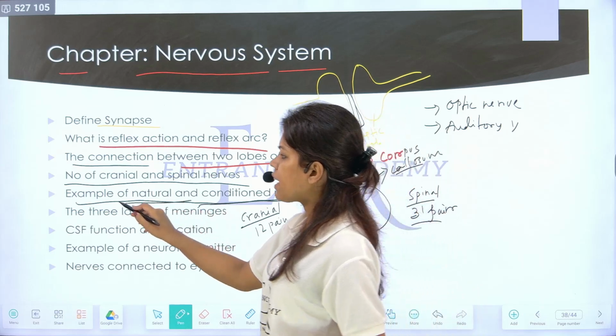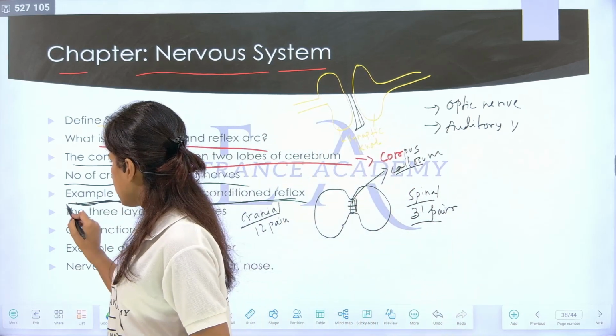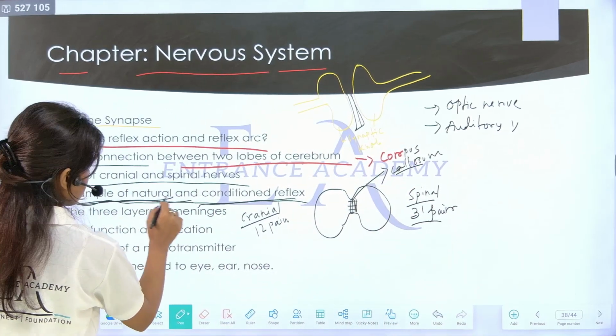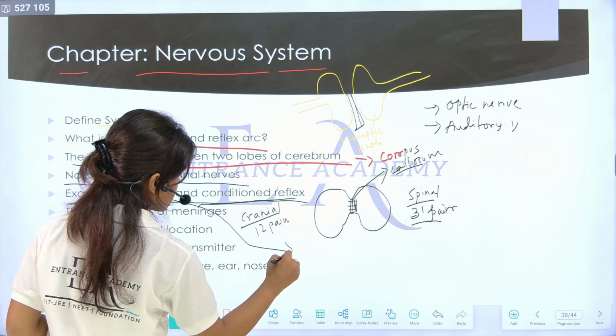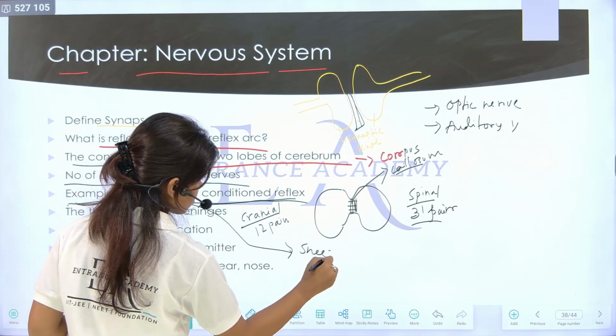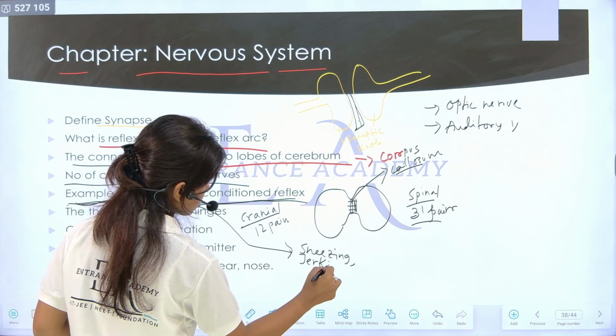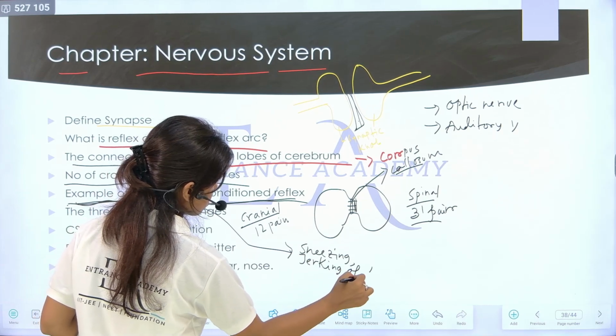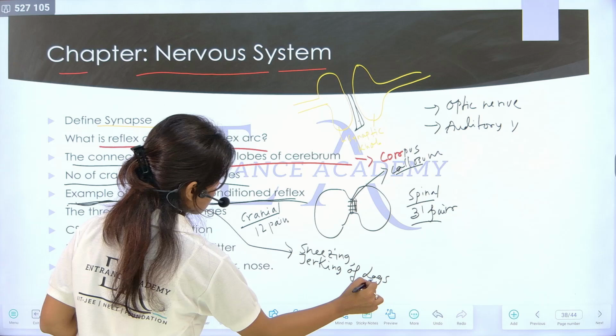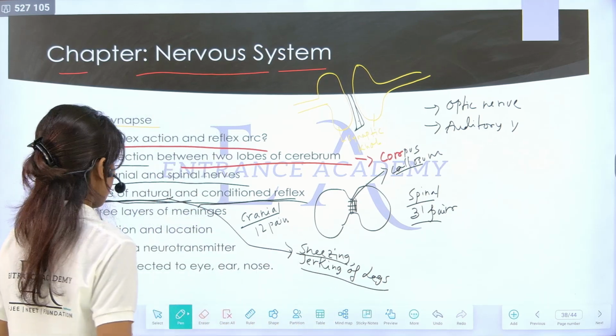And for natural reflex, we can give examples like sneezing, jerking of legs. These are examples of natural reflex.